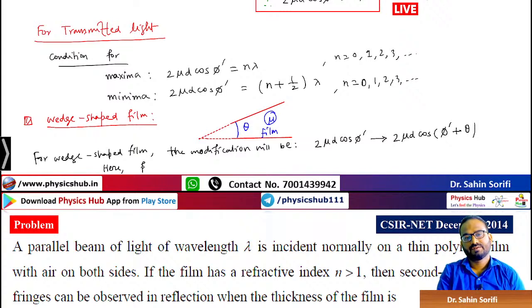Here fringes of equal thickness will be observed.